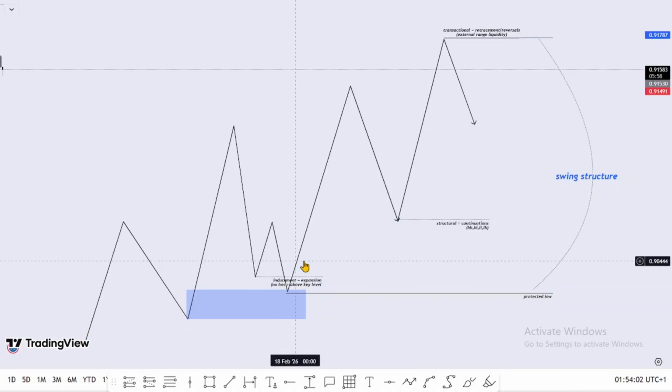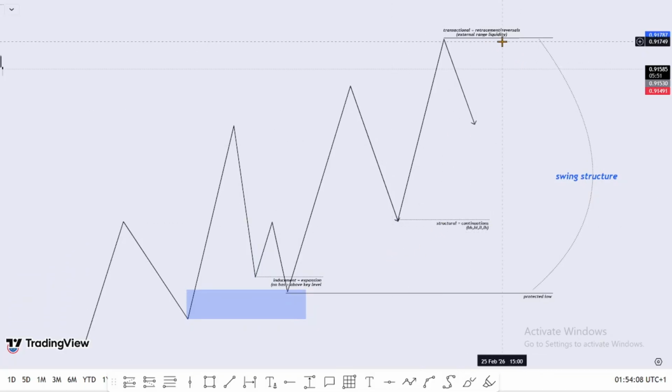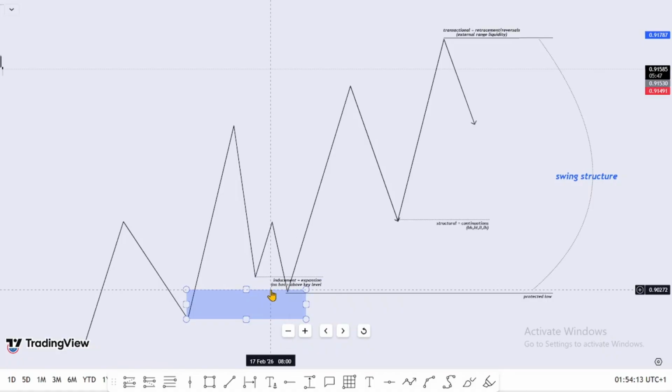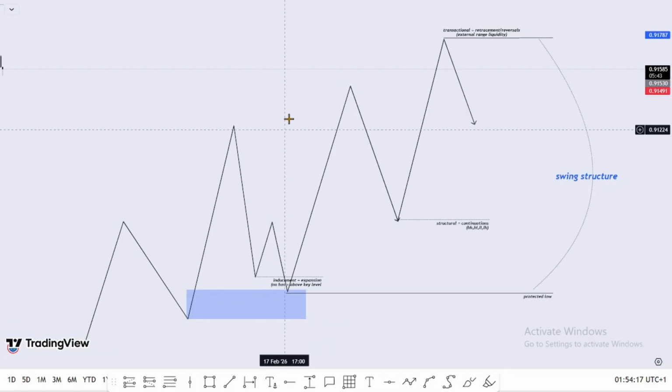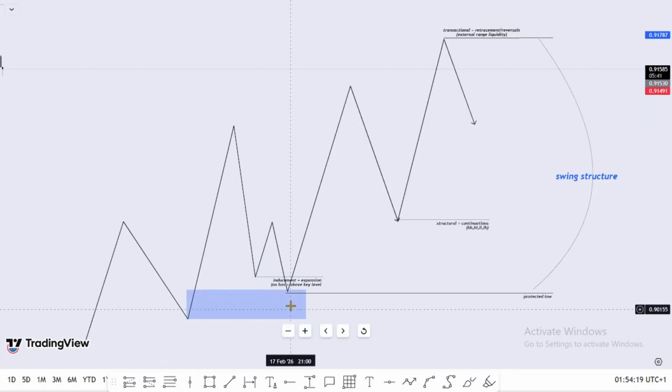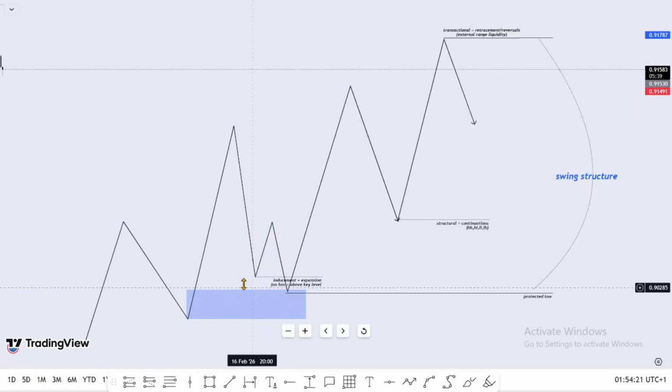Now, how do you tell the difference between this liquidity? Because if you are seeing it on the chart, you might be confused. An inducement liquidity usually has no break of structure, and it is usually formed above a key level.